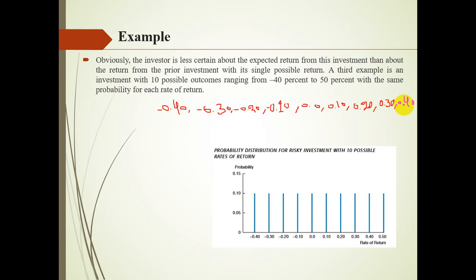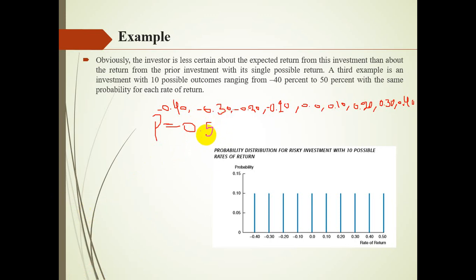See, the possible outcomes range from minus 40% to 40%, with the same probability for each. So my probability is how much? 50%, sorry, so you can write down 0.5.